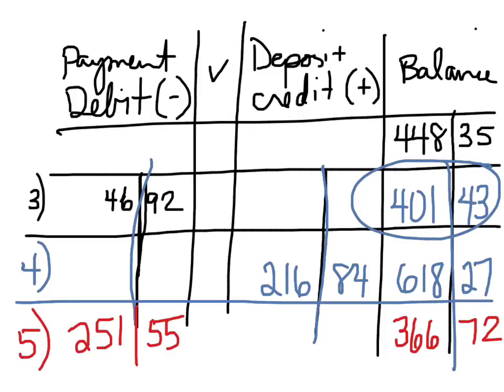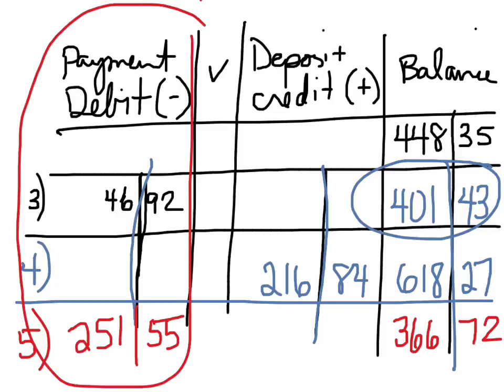Okay, so again, if the number is in this column right there, you see where it says payment? Or debit? And right behind it has a little minus sign? That little minus sign is to help you remember that you're supposed to subtract those. Okay? Then you see where this says deposit or credit and it says plus?